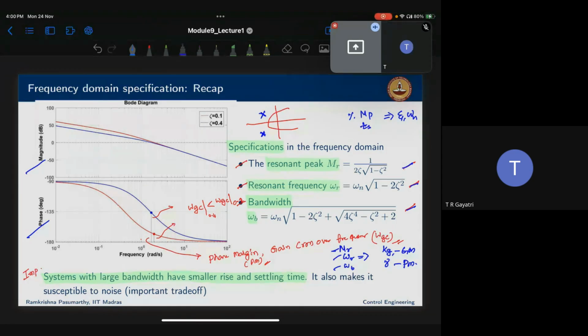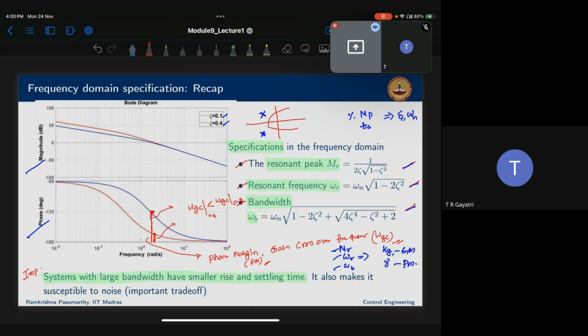Suppose here you could see, let's say, two different values of zeta. When the design requirement changes, the zeta also changes. See here in the phase plot how much this is above minus 180; that is your phase margin.